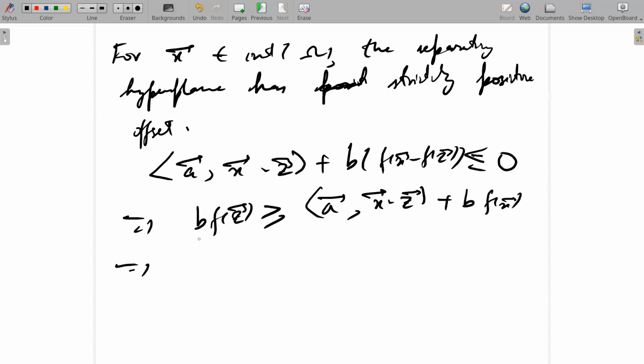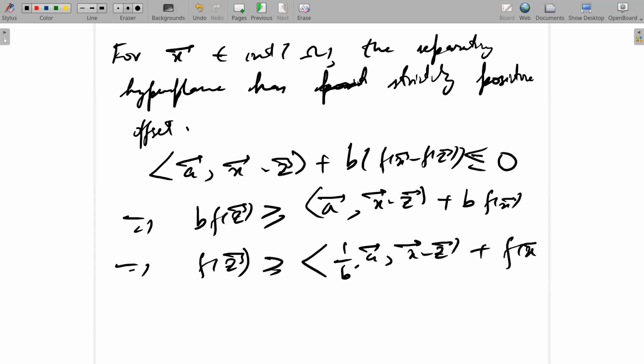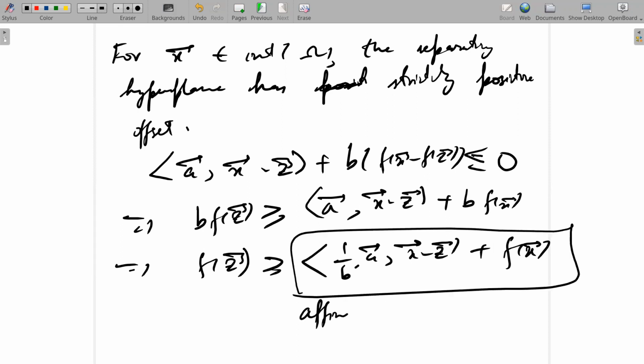And then since b is strictly positive, I can divide by b throughout, and I get 1 over b times the vector a, x minus z, plus f of x. All right. And when I plug in, so this is an affine underestimator, right?